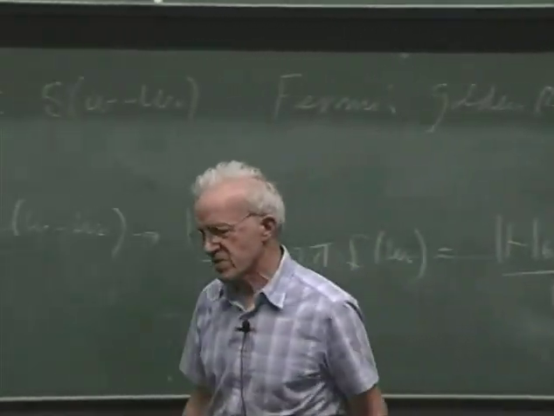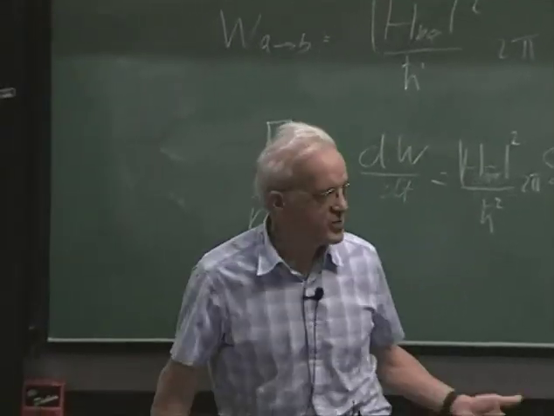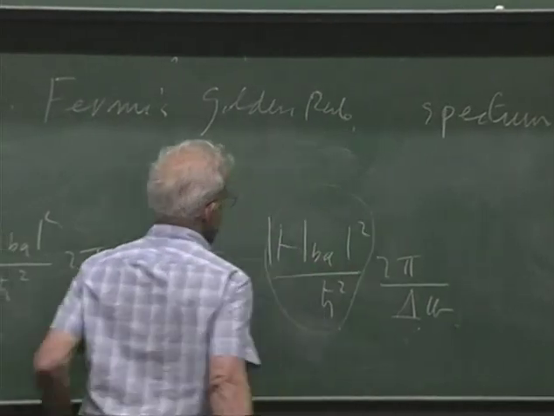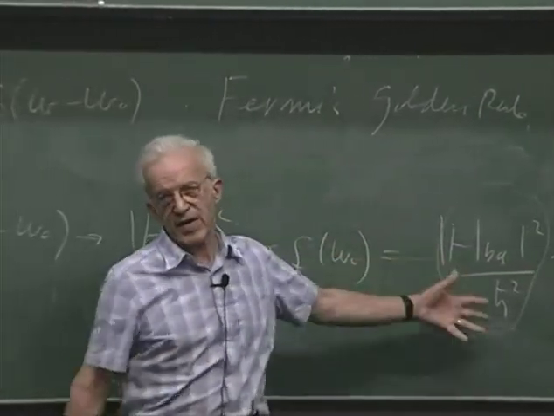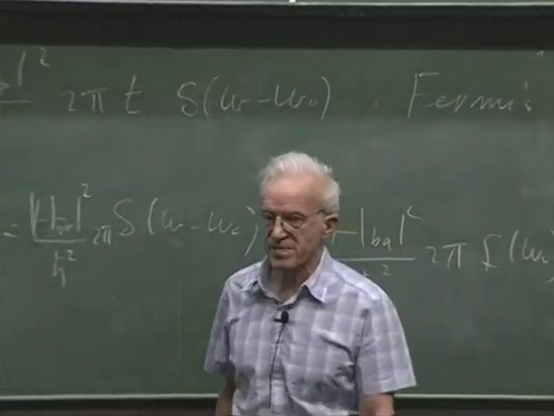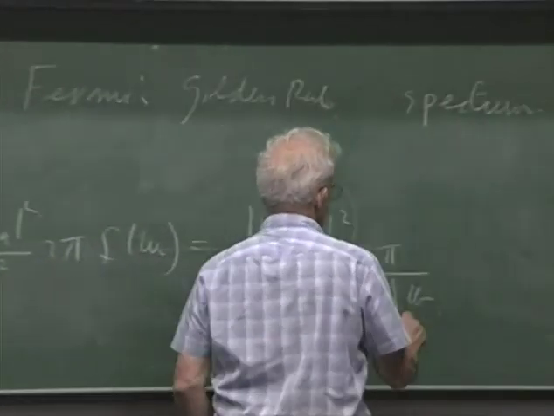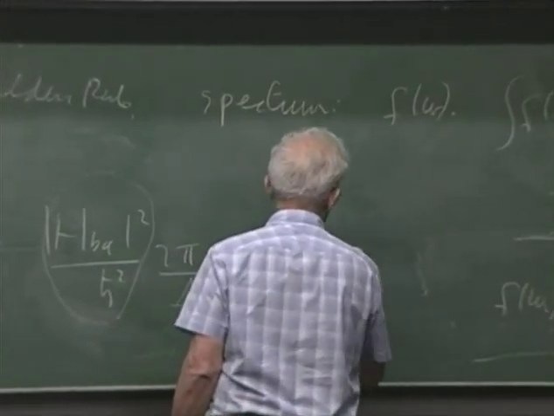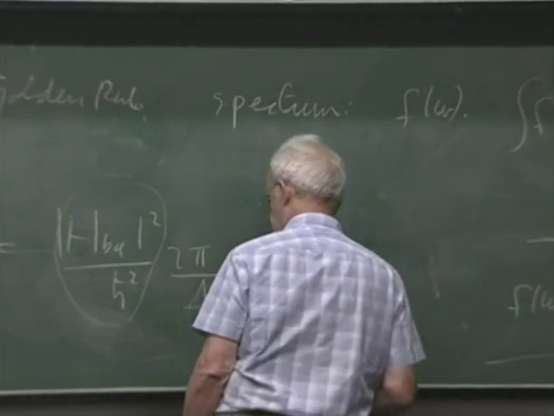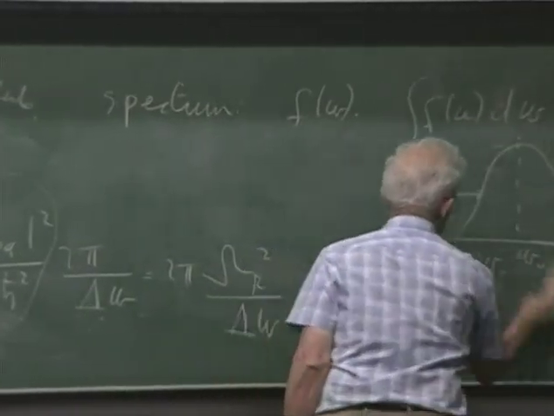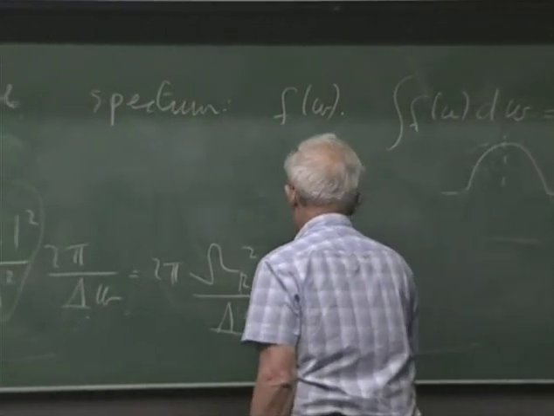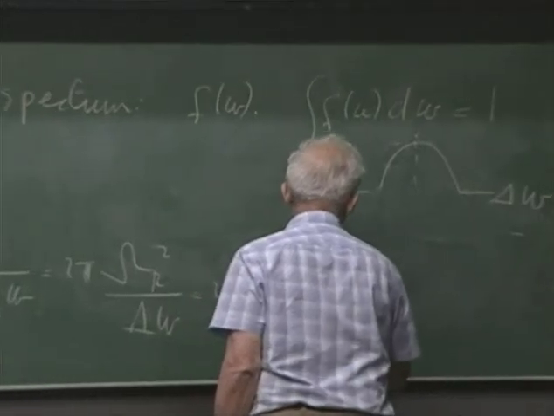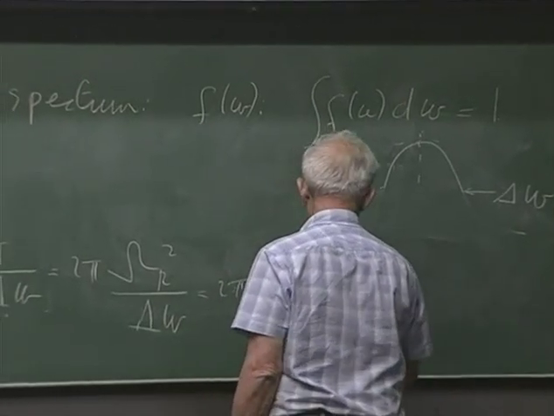I write it this way because there's another way to interpret this, which is quite handy. This is the matrix element coupling the two states divided by ħ, what we call the Rabi frequency. So this can be written as 2π times Ω_Rabi squared over Δω, or better, 2π times Ω_Rabi times Ω_Rabi over Δω.